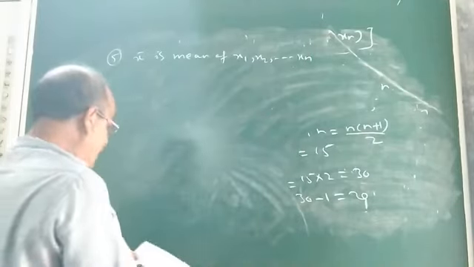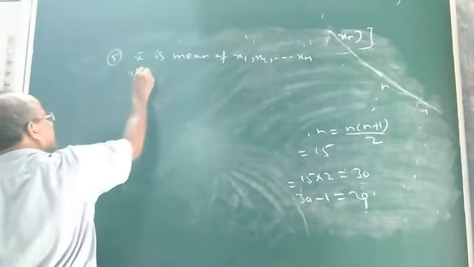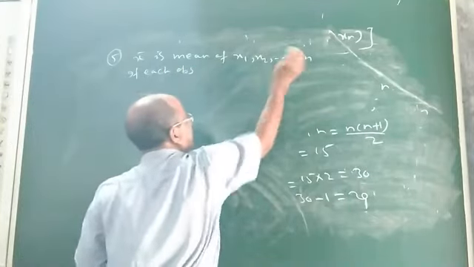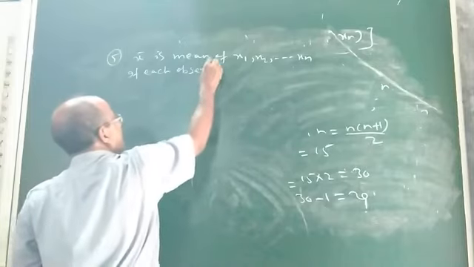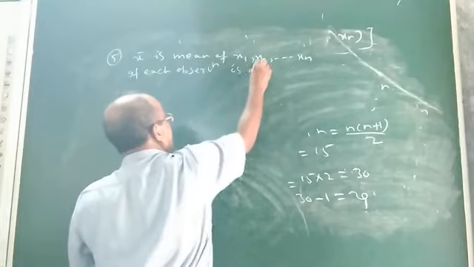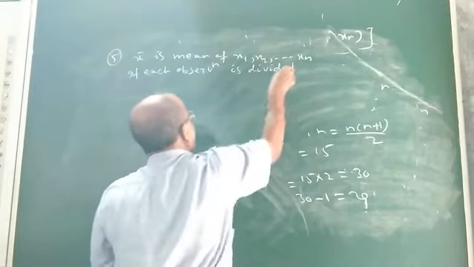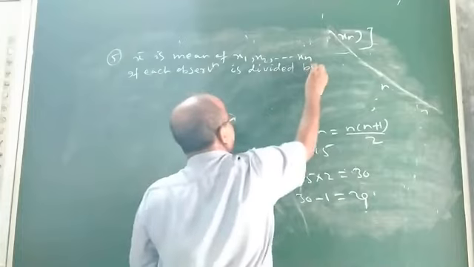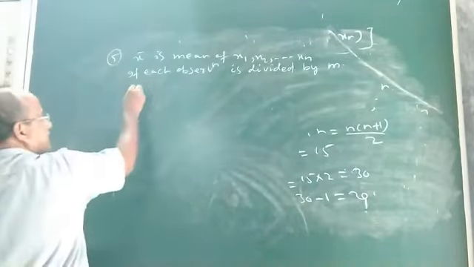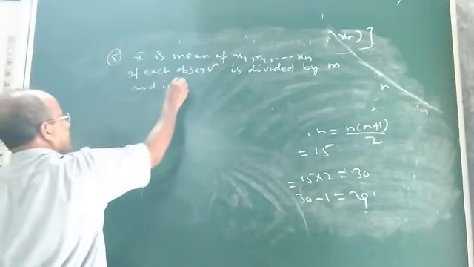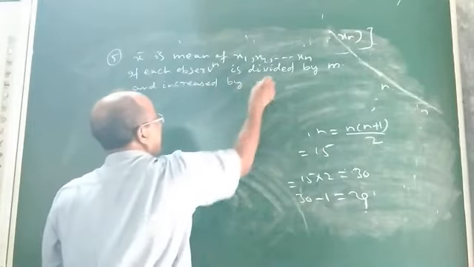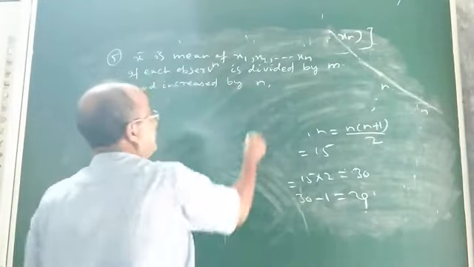Now if each observation is divided by some non-zero constant, say m, and increased by n, this is a very important question, then find the new mean.